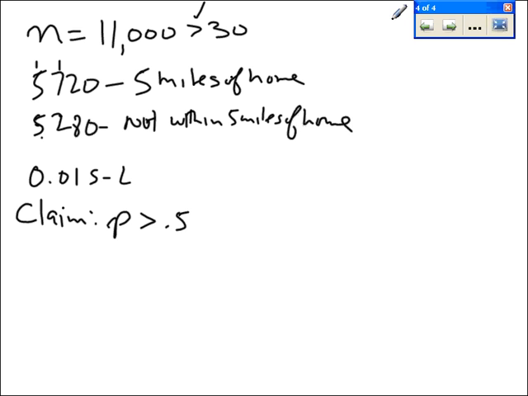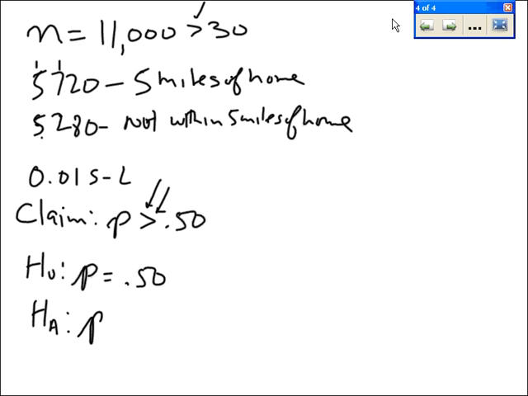So H0 would be P is exactly 50%. Since the claim does not have the equal sign, that's good enough for me to call it the alternative hypothesis.